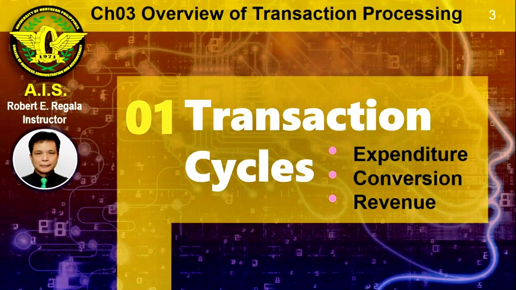These cycles exist in all types of businesses. For instance, every business, 1. Incurs expenditures in exchange for resources. Expenditure cycle. 2. Provides value added through its products or services. Conversion cycle. And 3. Receives revenue from outside sources.